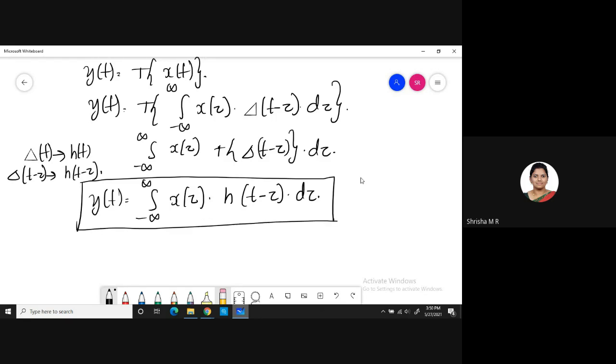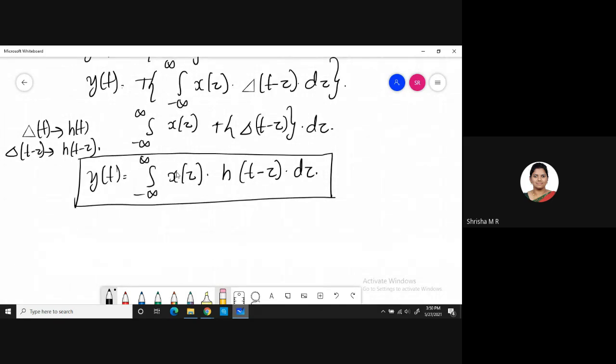Got it, everyone? So they'll give you x of t and h of t, and you have to find y of t, the convolution of x of t and h of t. Is it clear, everyone?